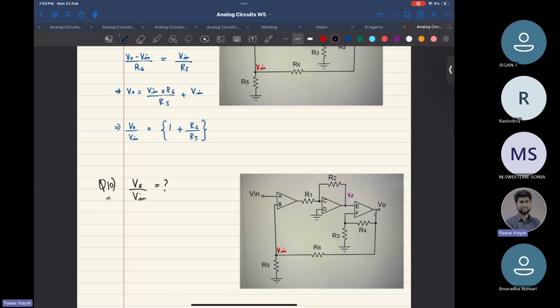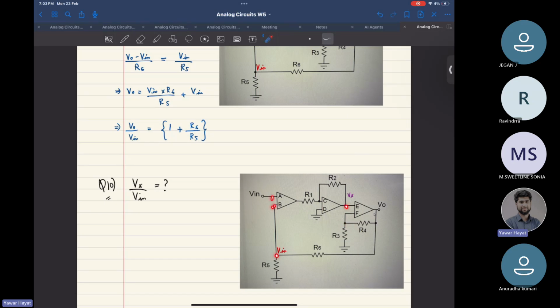I mean, this is also same. I would say a similar question, and we would approach this in similar fashion as we did for the previous one. See, this is Vx, so this is also Vx, right? And this node voltage is Vx, similar to how we said this would be V input, right?